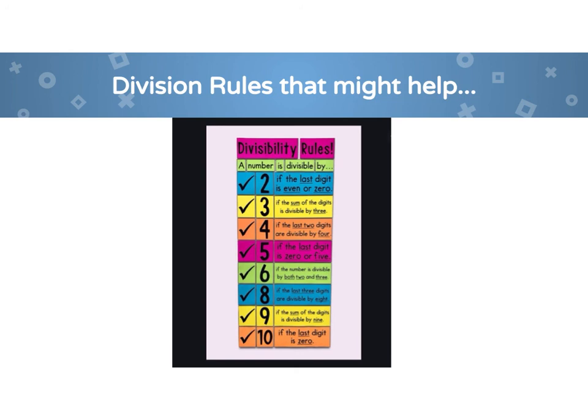And don't worry if you don't understand these rules. We're going to go over them again in class the next couple of days. We're just going to look at some numbers and see, oh, can it be divided by 2? Can it be divided by 3? Can it be divided by 4? And so on. So just read through some of these divisibility rules. Don't worry if you don't understand. We're going to go over them again and again until we understand a little bit more about division.